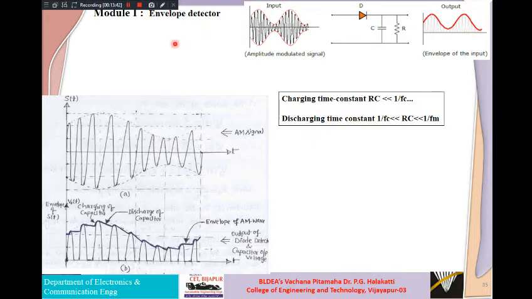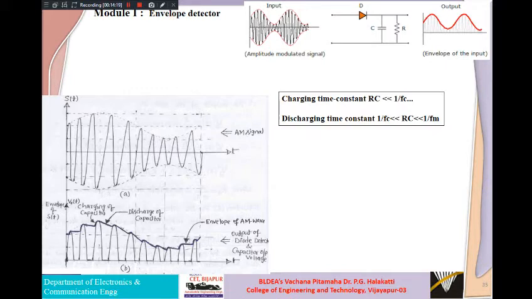In other words, this is how the envelope detector at the receiver side helps us to extract optimally the envelope from the amplitude modulated signal by optimal selection of R and C values. So in this way, guys, you have to explain about the envelope detector. Okay, so how the AM modulated signal is generated by using the switching modulator, and how we detect it at the receiver side by using the envelope detector.